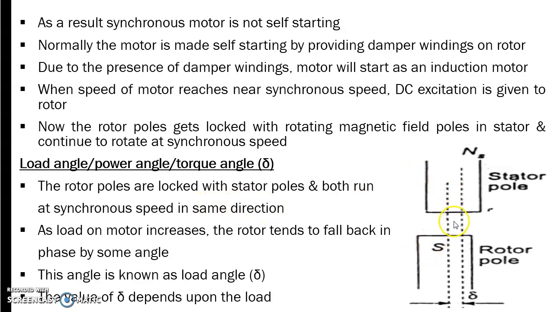Suppose there is a change in the load on the motor, as the load on the motor increases, rotor tends to fall back in phase by some angle. There will be a small phase difference, that angle is known as the load angle. It depends upon the load on the motor. So the value of delta depends upon load.